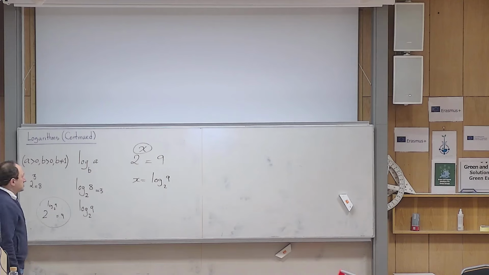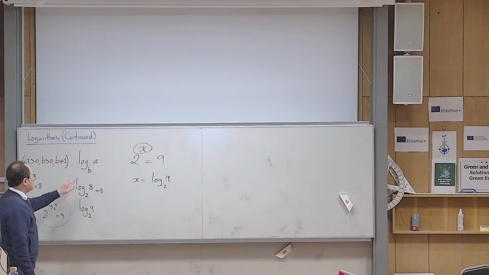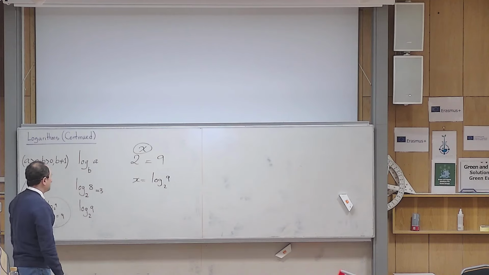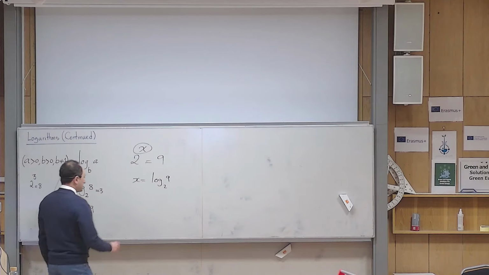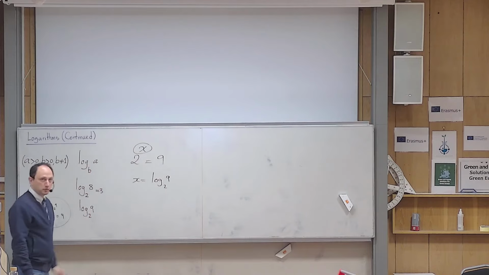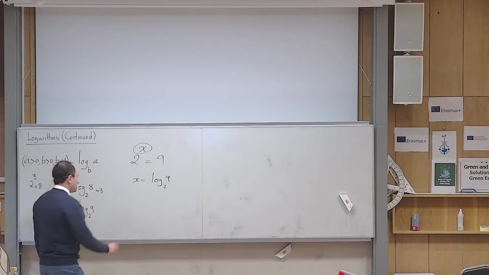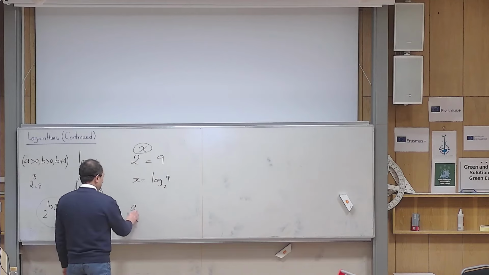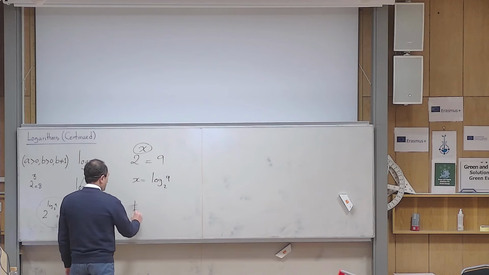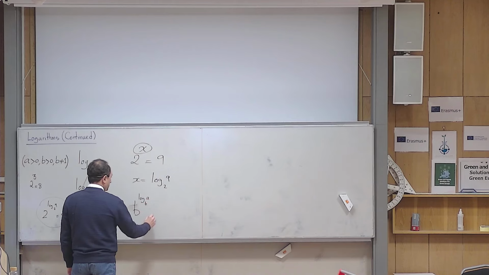Okay, so this is the meaning of the logarithm. So immediately you can answer this question to me, and that is a very, very important formula. If I ask you b to the power of logarithm of a to the base b, what is the answer?